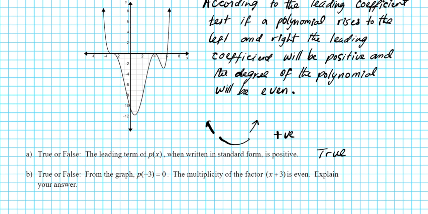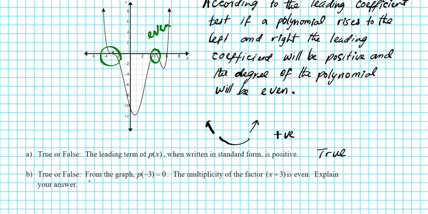It just touches it and goes back. So for example, here you have an even multiplicity for x equals 4 because it doesn't cross, it just touches, like a touch and go. Okay? But for negative 3 right here, does it just touch or does it cross? For negative 3, it crosses. So the multiplicity is 1, which is an odd number, which makes option B false.